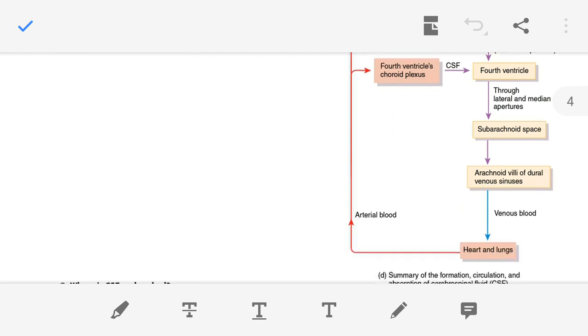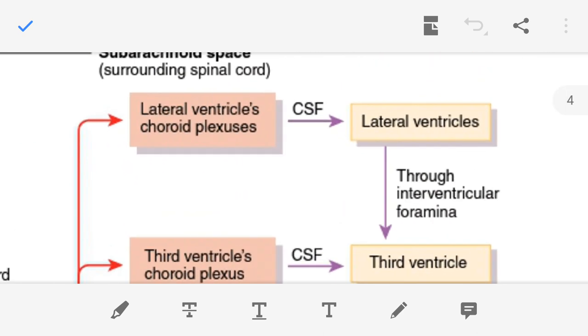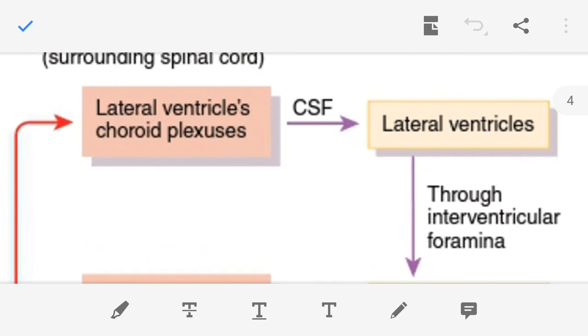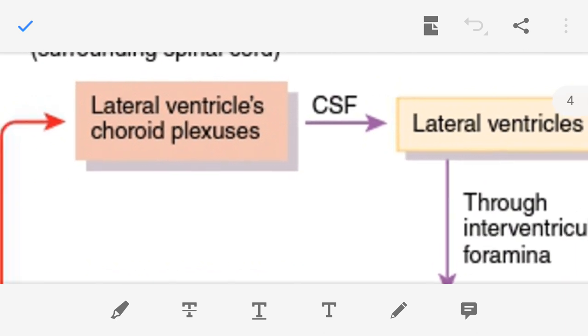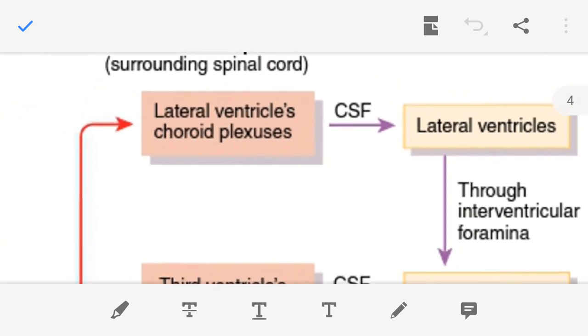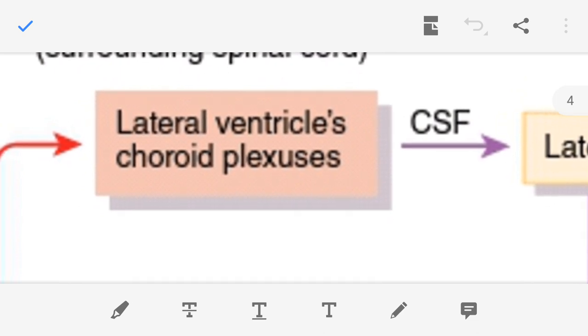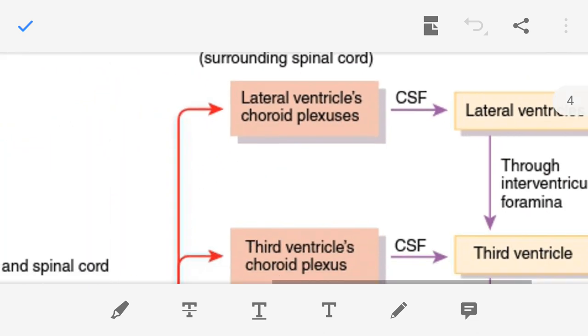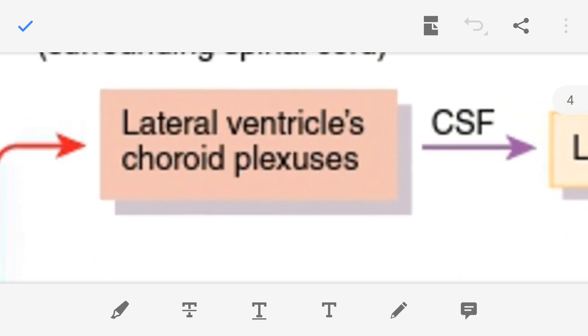Now where is this arterial blood going? The arteries are going to reach into the brain and spinal cord. So the branch of artery, arteriole, then the branch of arteriole, a network of capillaries, and that network of capillaries in the lateral ventricle or the rest of the ventricles is known as choroid plexus.